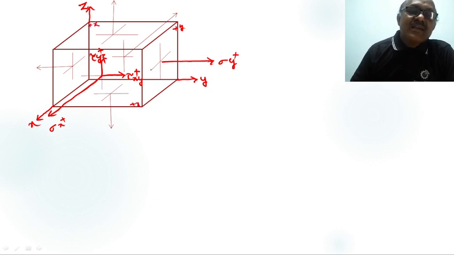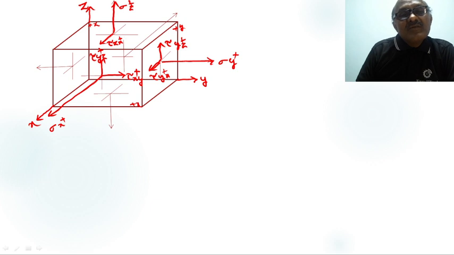Now this direction stress is tau yx plus. Now this direction tau yz plus. Now this is sigma z plus. This one is tau zx plus.